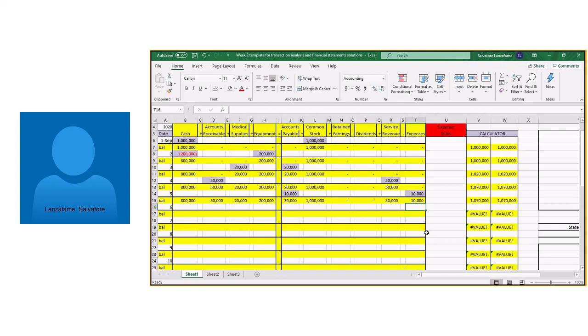You would say net income. How much? $40,000. 50 minus 10. So they have $40,000 worth of net income. Over here under expense titles, I'll just write advertising, to identify that 10, right?